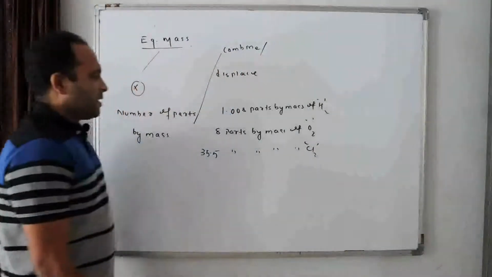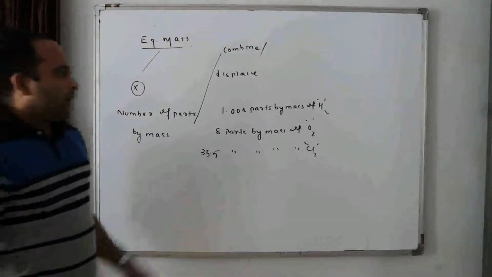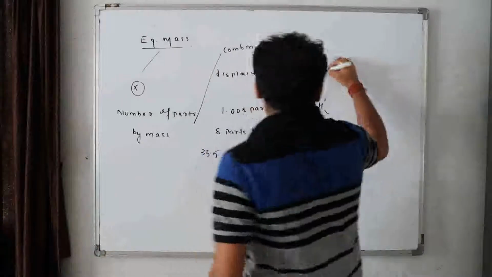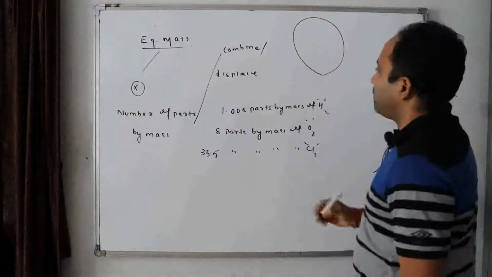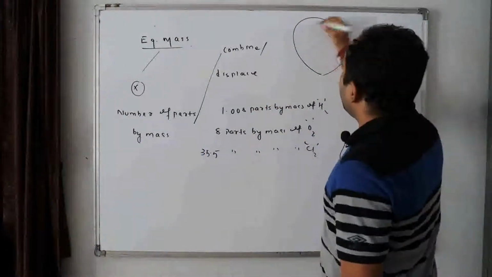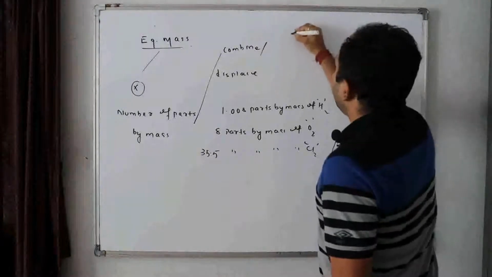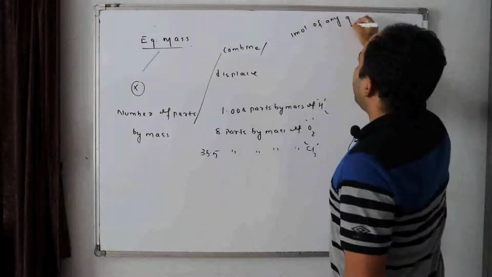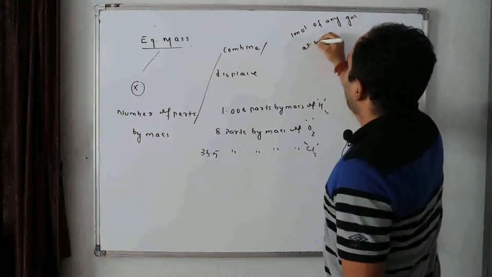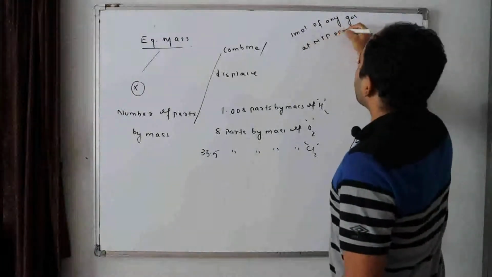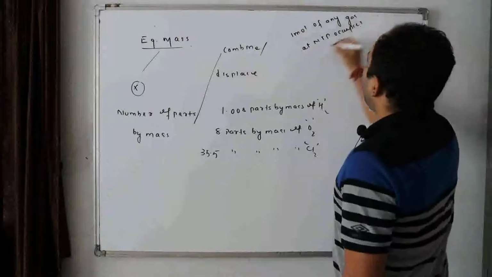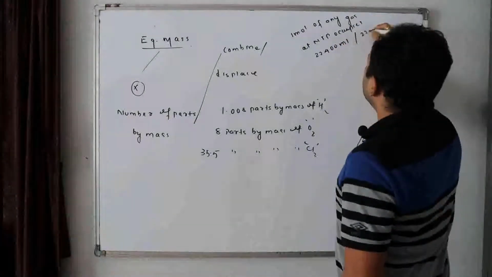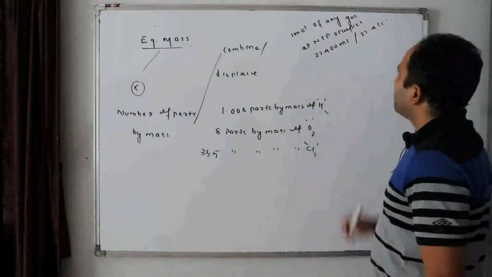Now the question arises, can I write this in a different variety? Look here, beta. I'll do one by one and I'll put the values. Now I discussed 1 mole of any gas at NTP occupies 22400 ml, that is called 22.4 liters, isn't it?